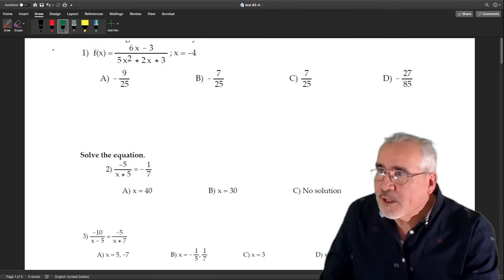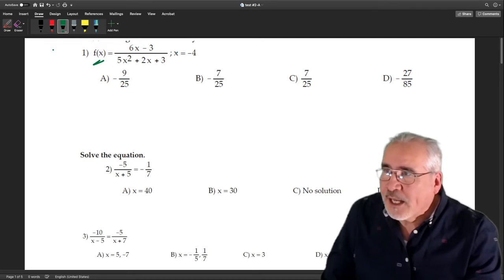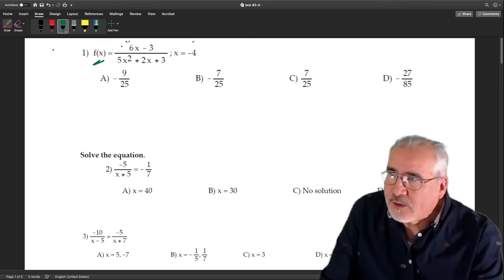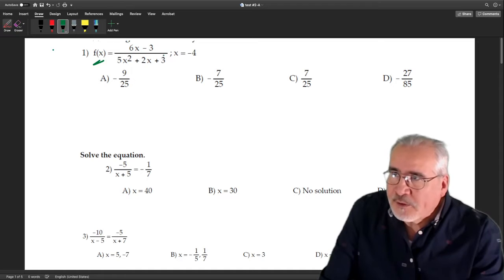So the question is to take this function f of x right here and evaluate it. It doesn't say, but on your practice test you should see this. Evaluate this function f of x when x equals -4.